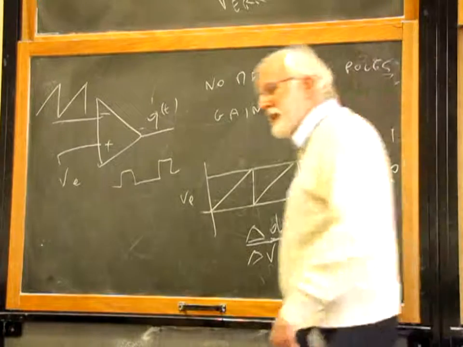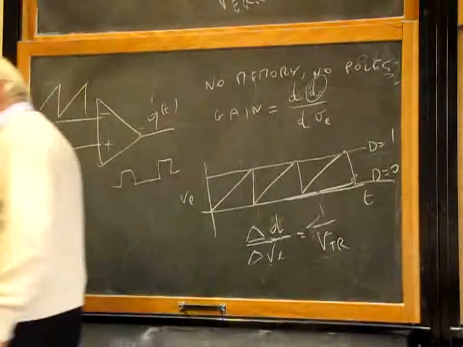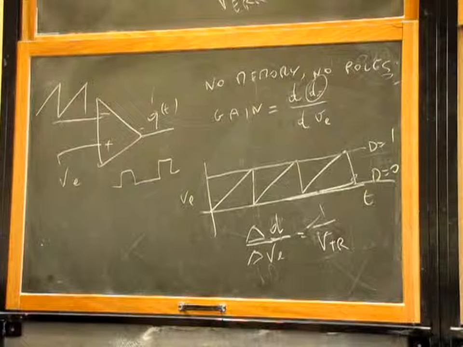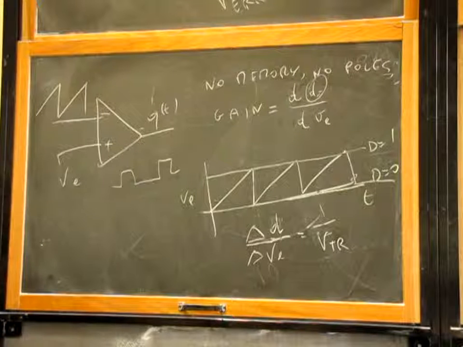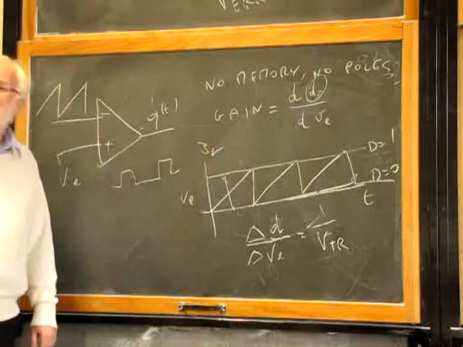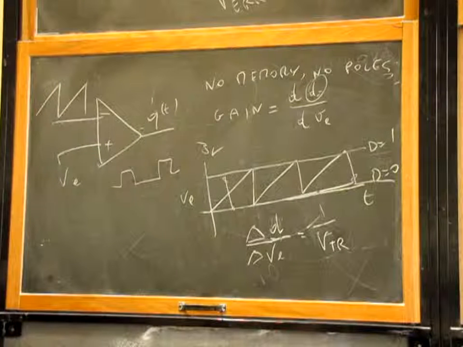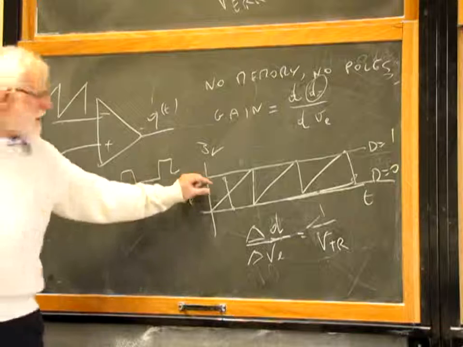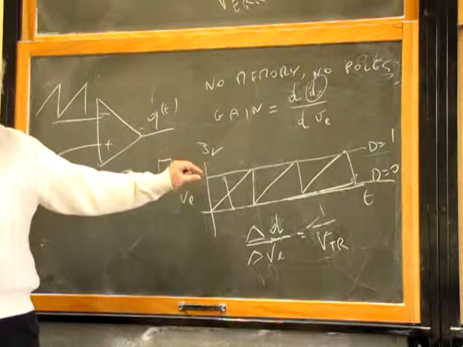For old and not so very modern PWM modulators, this amplitude is around 3 volts. In some cases it can be even more. For modern PWM circuits, this amplitude could be smaller than this, could be 1 volt or even less.